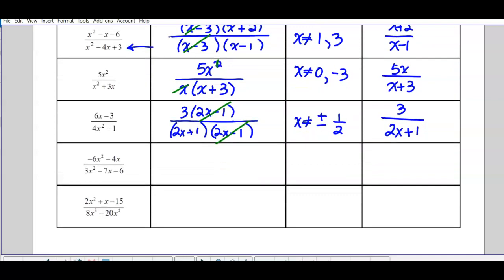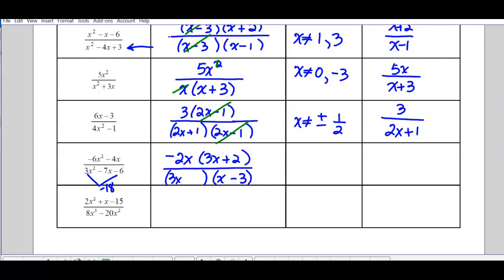If you have a negative leading coefficient in any of these, factor it out. So in the next one, negative 2x is common. You're left with 3x plus 2. Non-simple trinomial, so two numbers that multiply to negative 18 and add to negative 7, which would be negative 9 and 2. So we want 3x and x.